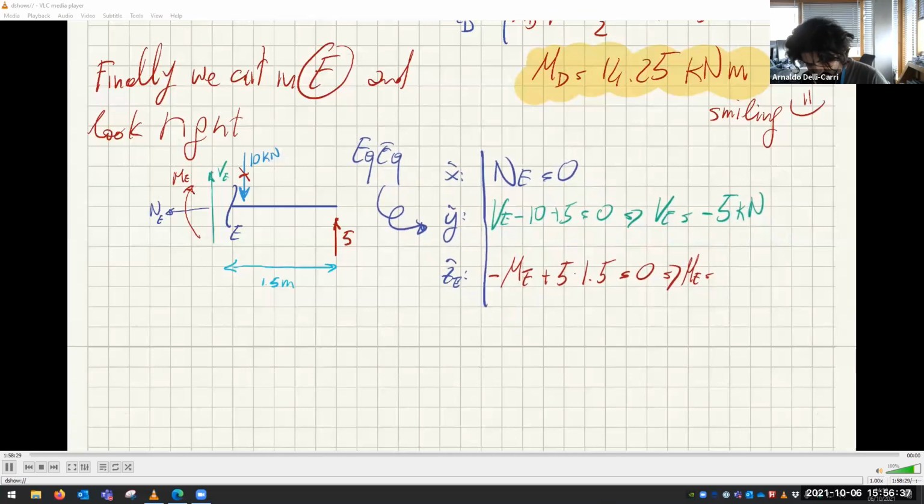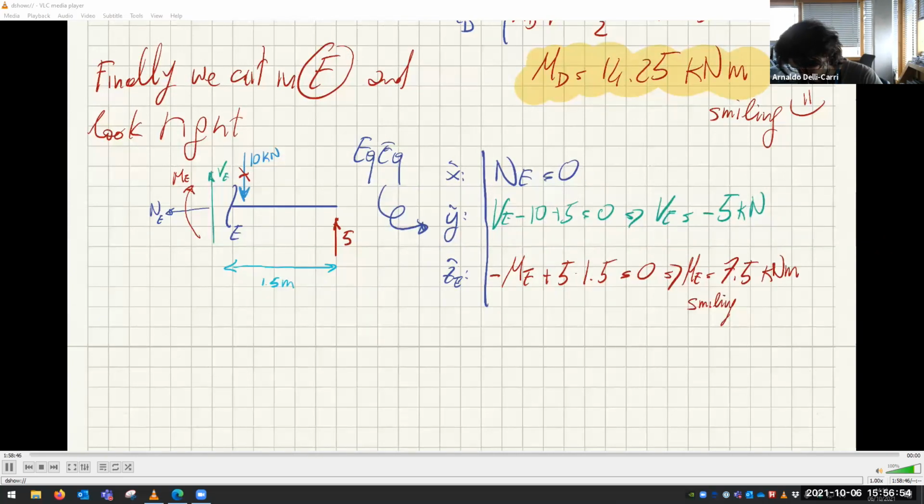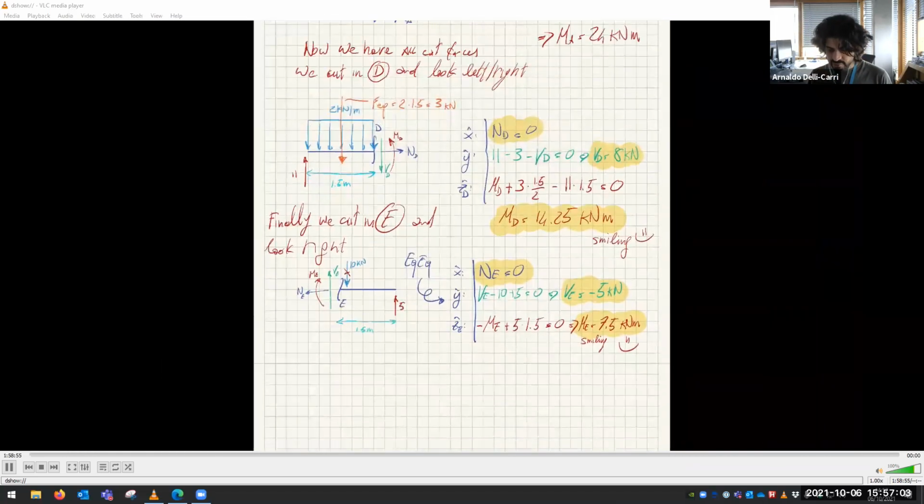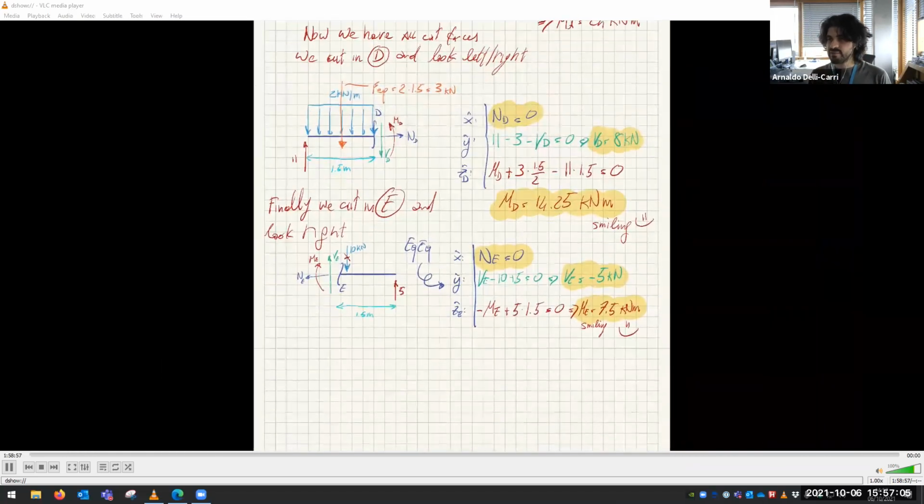Help me out. 5 times 1.5, 7.5 kilonewton meters. Again, this is positive, so smiling. Any questions? How does it look? Looks good.